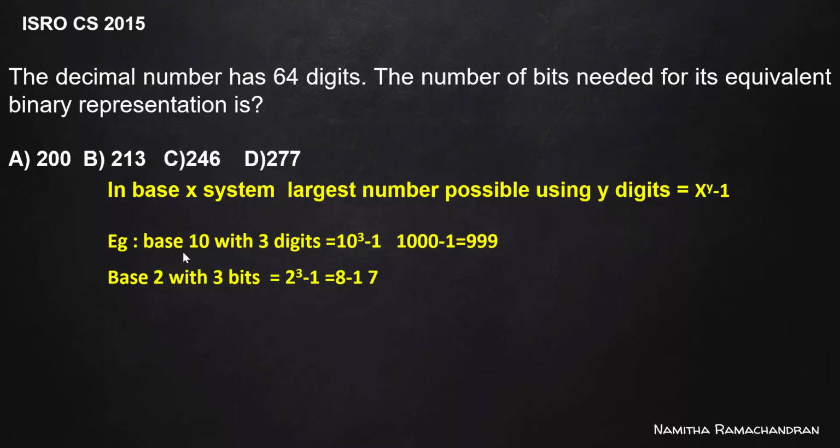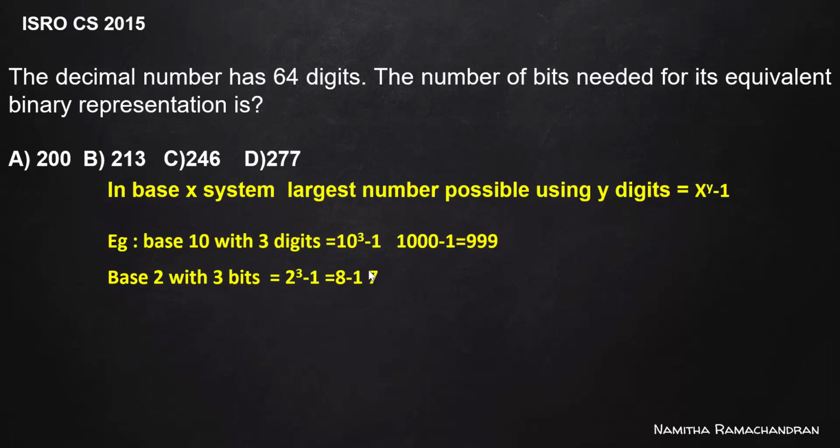For example, in base 10, the largest number possible using 3 digits is 10 to the power 3 minus 1, that is 1000 minus 1, that is 999. In base 2 with 3 bits, 2 to the power 3 minus 1, that is 8 minus 1 equal to 7.